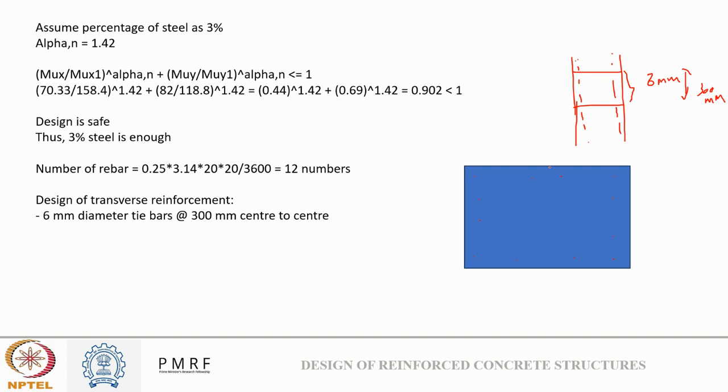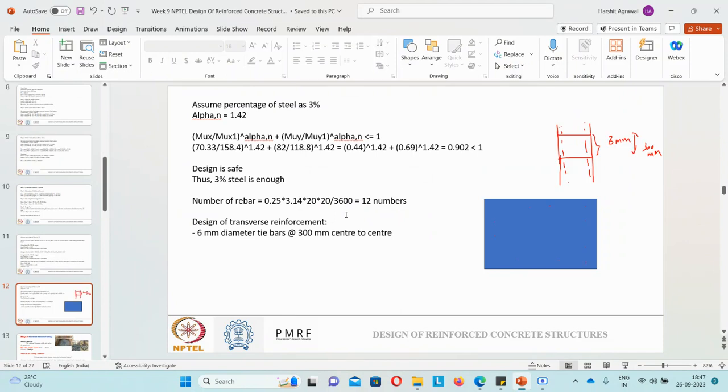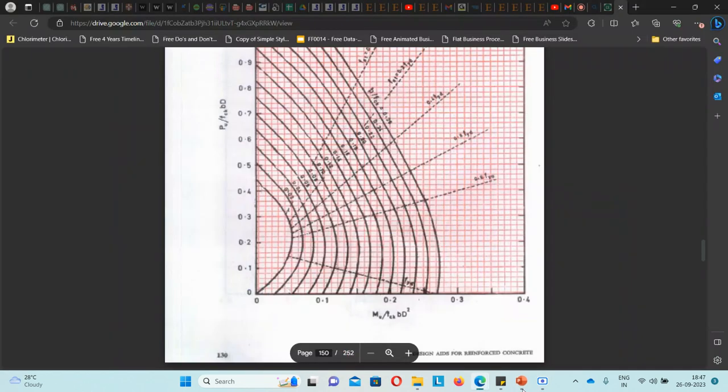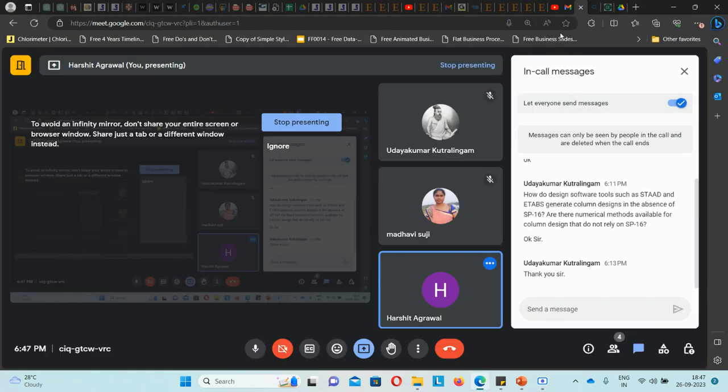Okay, so this is how we design a slender column. I hope you are clear with the discussion. Any doubt in the design? Okay, so if there are no doubts, we will proceed ahead.